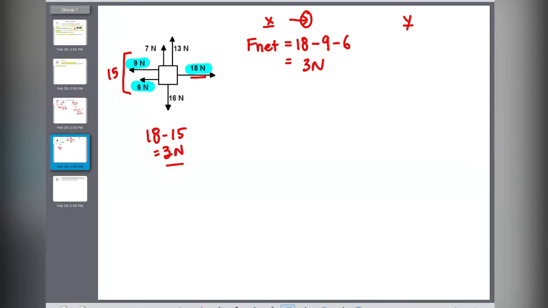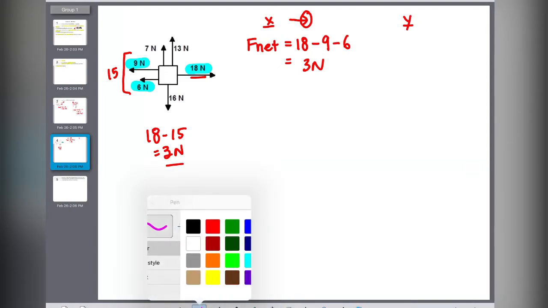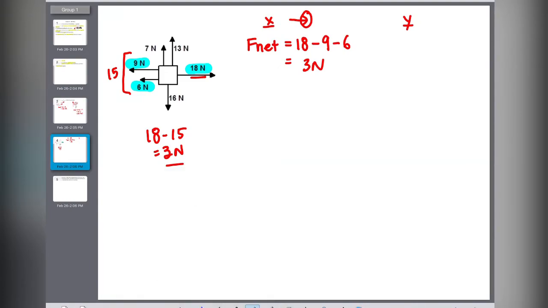Okay, now let's take a look at the y direction. So along the y direction, let's see how many forces I have. I'm going to change the color of highlighter. Okay, the y forces has 7, 13, and 16. And 7 plus 13 is 20, so up is higher. So I'm going to set my directions to be going upwards. So up is the reference that I have.